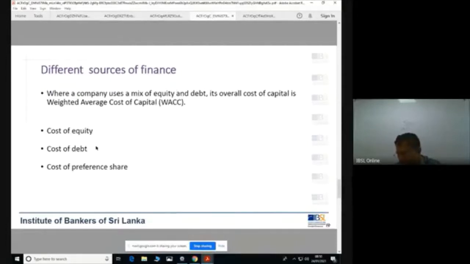Now if it is a company, we have a particular example on the board. Now remember when you purchase a machine, there will be cash inflows, there will be cash outflows, right? And in year 0 you have outflow.